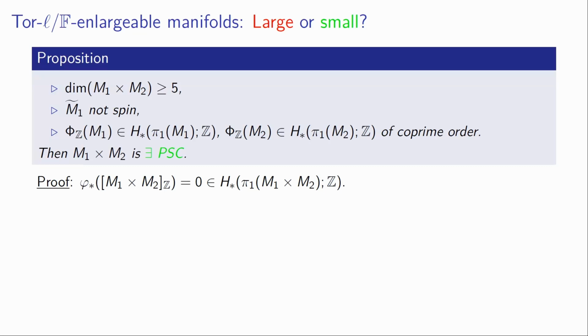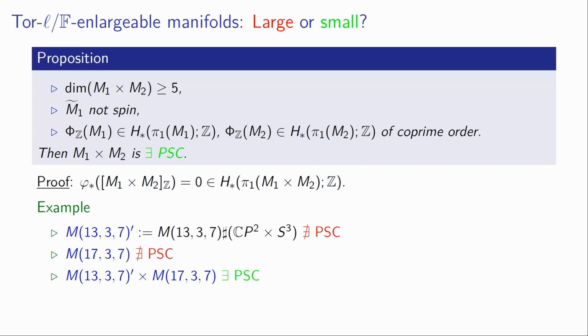So the class 0 is positive, and therefore this manifold M1 cross M2 admits a positive scalar curvature metric using the theorem of the previous slide. And now let's take a concrete example. And this comes back to these manifolds I constructed before. We can just play around.